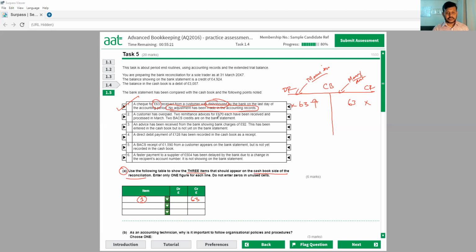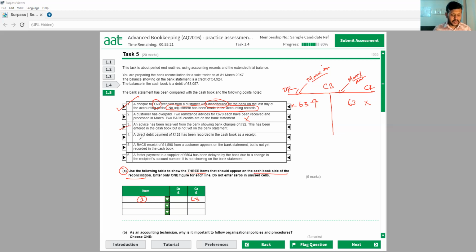Something is on the bank statement, I cannot change it because it's a mistake on the bank statement. It will go to the reconciliation. I didn't make a mistake on the cash book, so I have to ignore that.